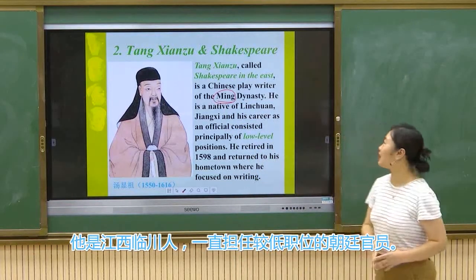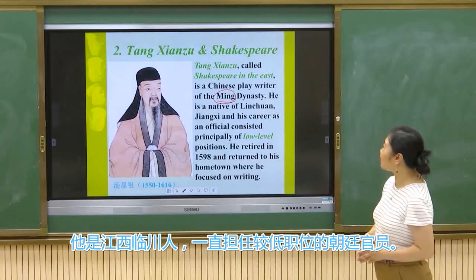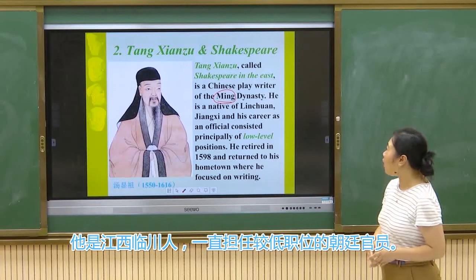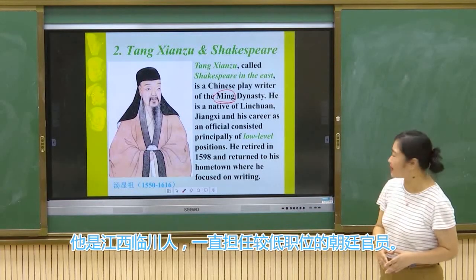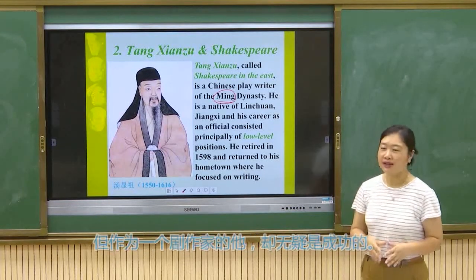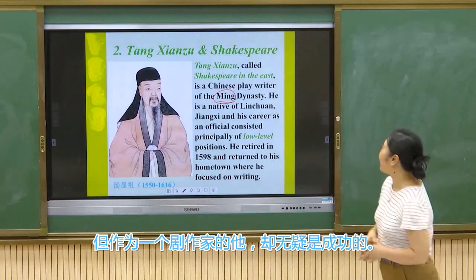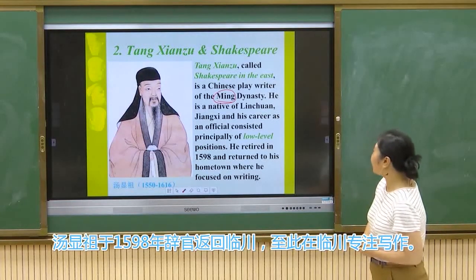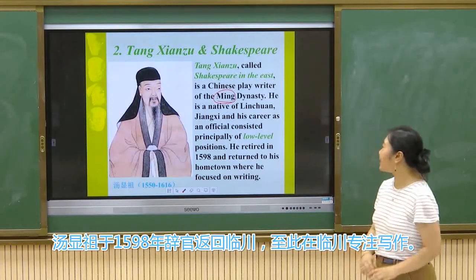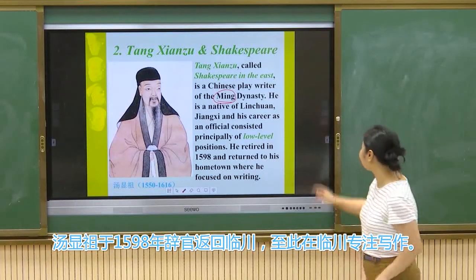He is a native of Linchuan, Jiangxi, and his career as an official consisted principally of low-level positions. That means he's not a very successful politician, while he is a great playwright, yes. He retired in 1598 and returned to his hometown where he focused on writing.